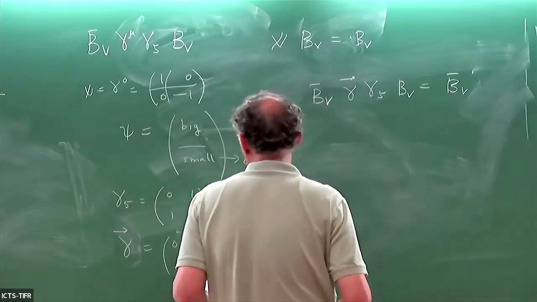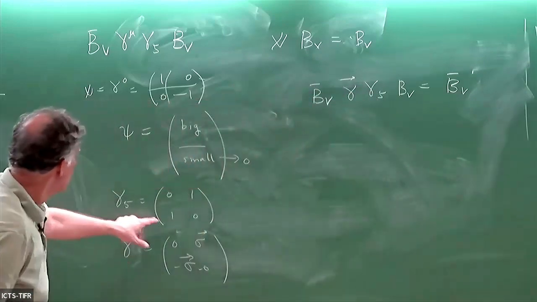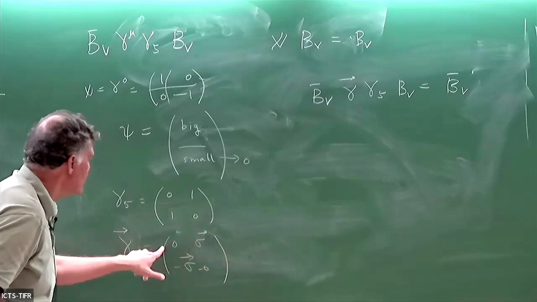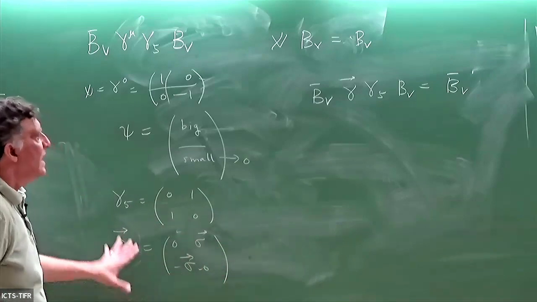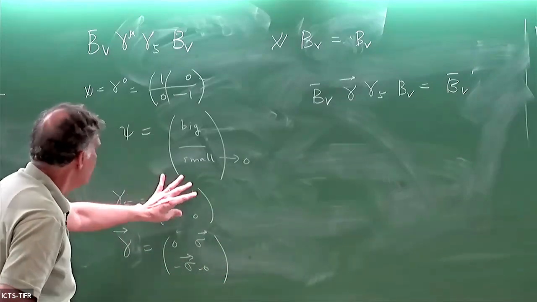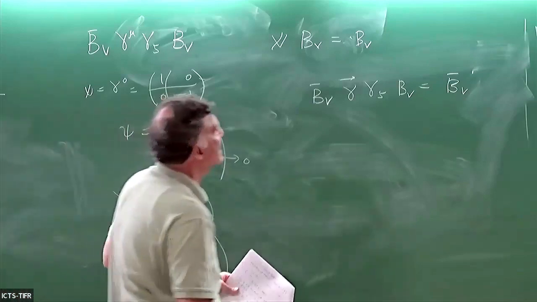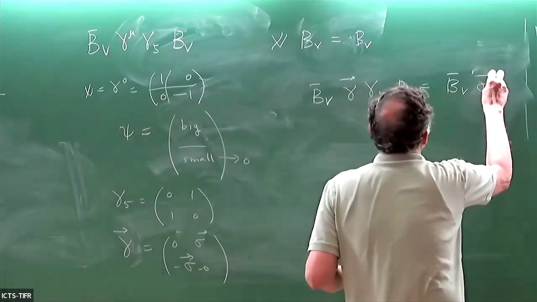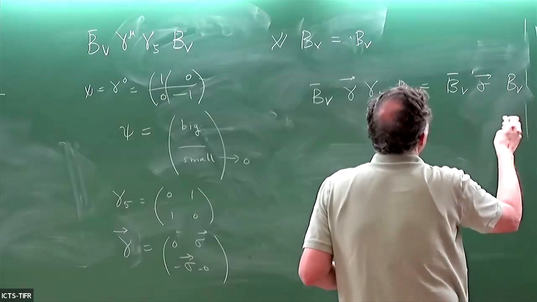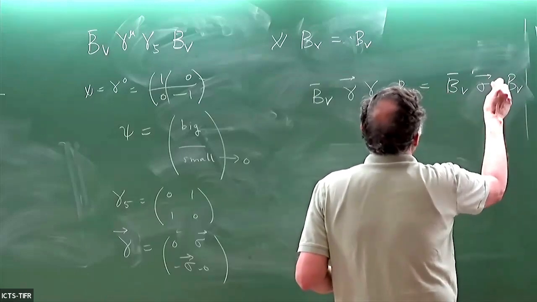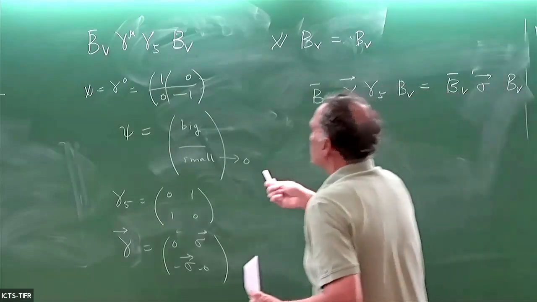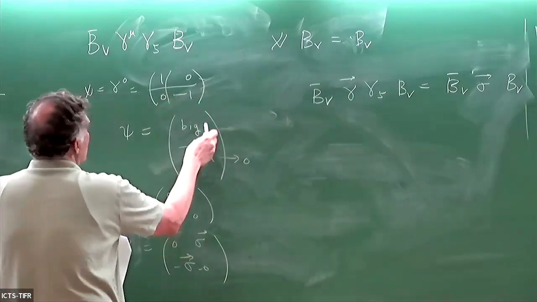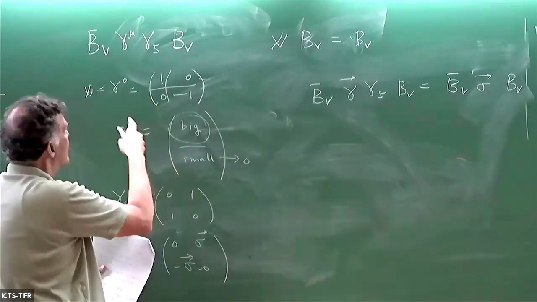So if you multiply this by the gamma 5, it puts these sigmas on the diagonal. And because the spinors are basically in the upper component, schematically I can say that this is just B bar V sigma B V. It's a bad notation, but what I mean by this is I'm picking out the two-component part of the spinor, which is in the upper block because of this.